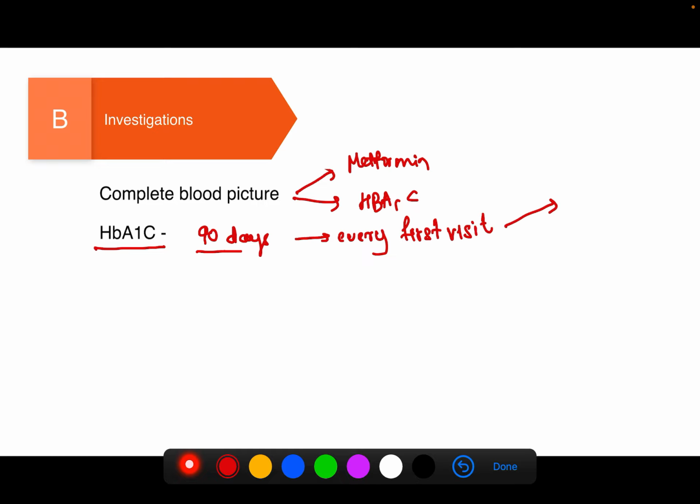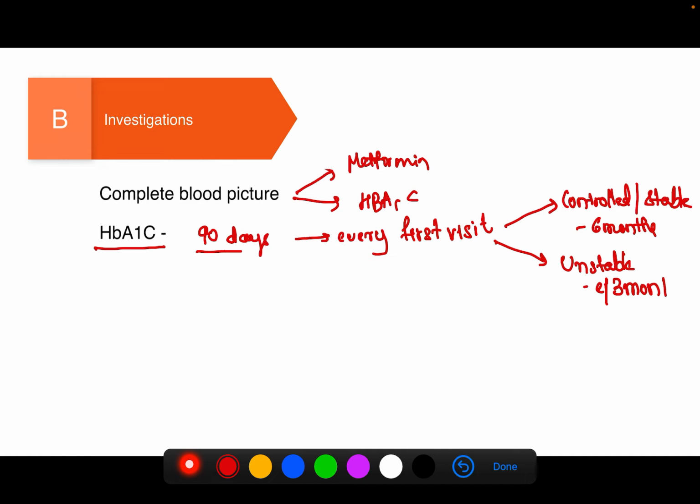Then if the patient's sugar levels are controlled or stable, you can do it every 6 months. If it's uncontrolled or unstable, then every 3 months.